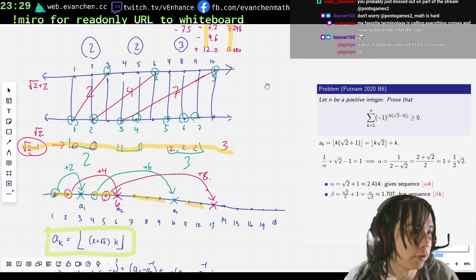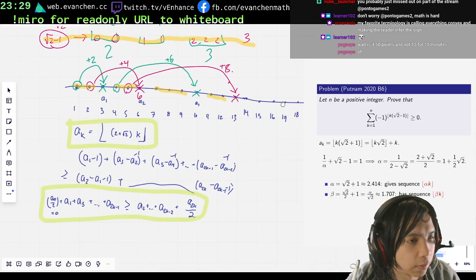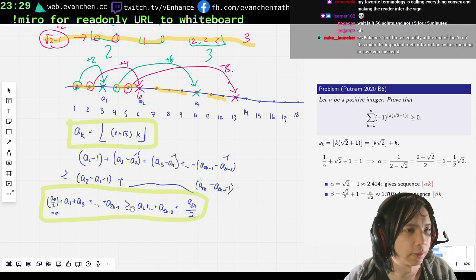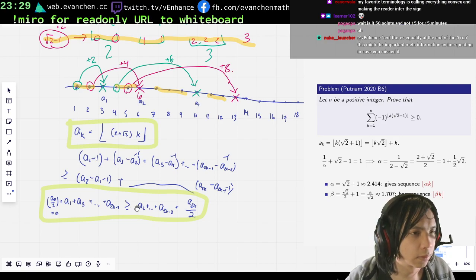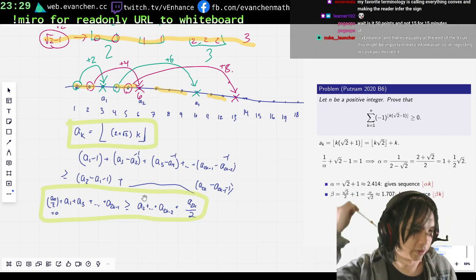So that's why we've switched to looking at the square root 2 sequence. So anyways, we've reduced to proving this inequality, which is like at least the close sum. Yeah, there's equality at the end of the 9 run. Yeah, which is not good news for us.